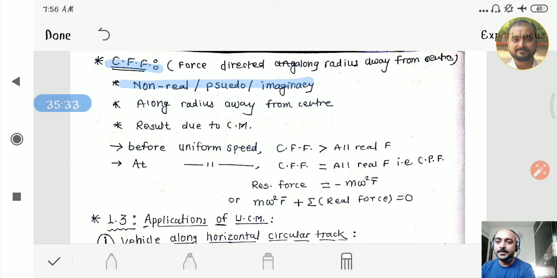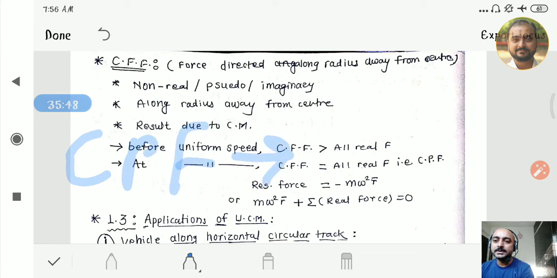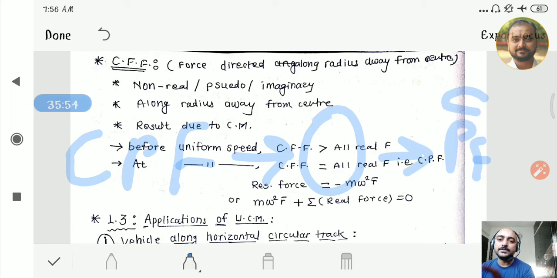Remember this relation. Centripetal force produces circular motion, and circular motion produces centrifugal force.